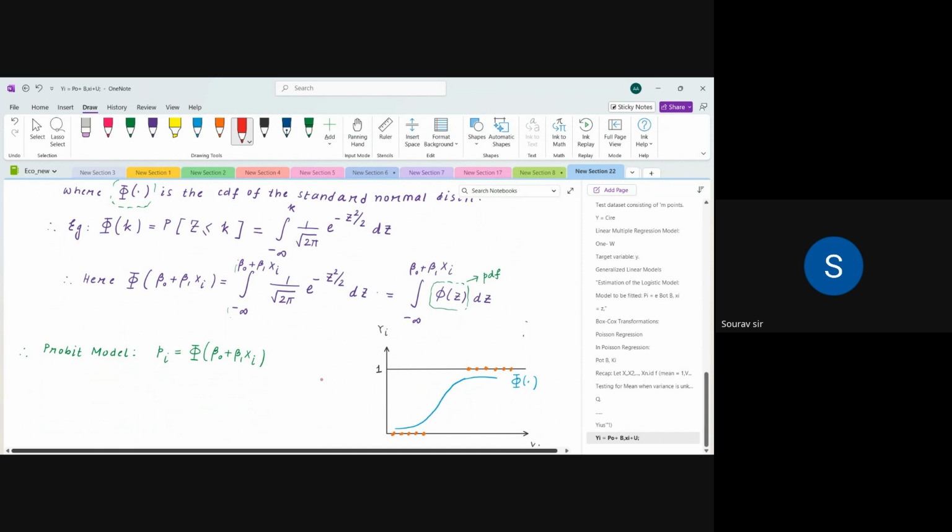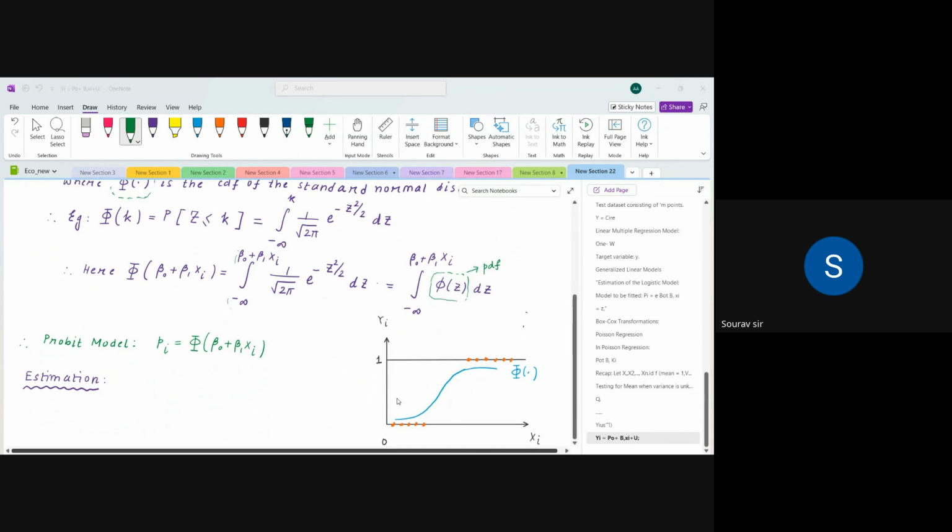Now that we are done with the structure of the model, how the Probit model will look, and its properties, the next thing we need to do is estimation: how we are going to estimate the parameters of the model. Once again, the pi's are not known.